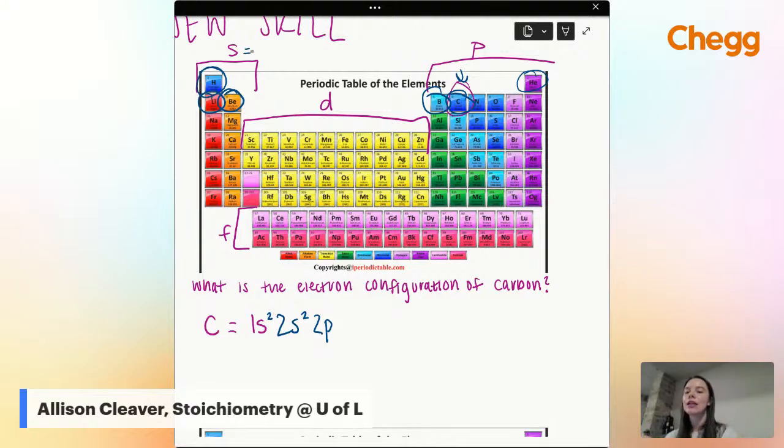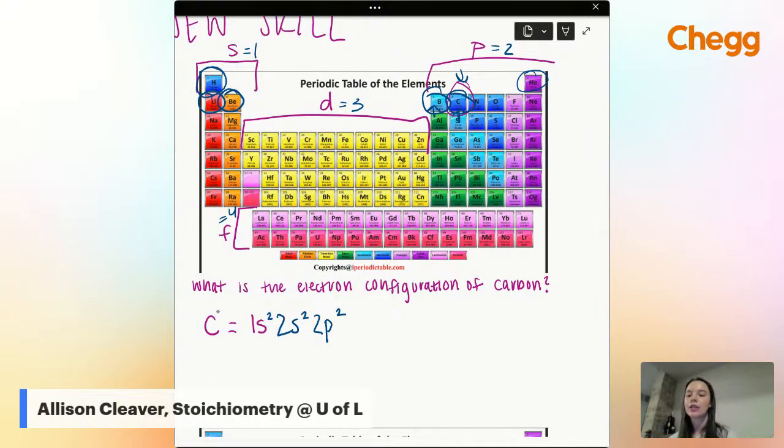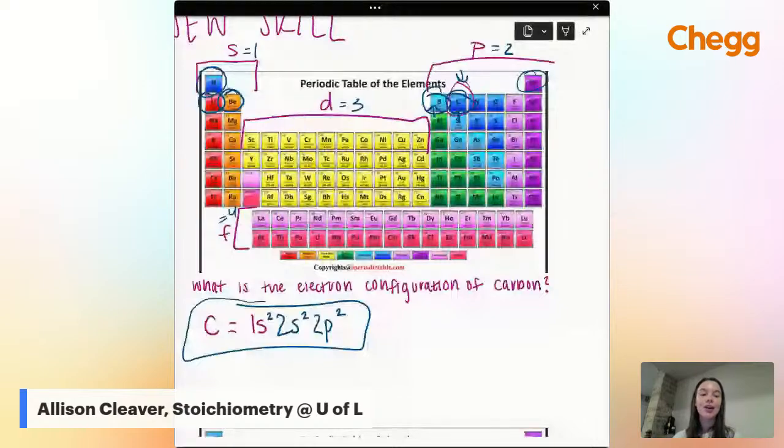S starts at the value 1, P starts at the value 2, D starts at the value 3, and F starts at the value 4. Not confusing at all. It actually is very confusing. I don't know why it doesn't match up with the rows, but anyways, P always starts with 2. So we have 2p. And then since we have 2 elements until we get to carbon, we put 2p2. So that is our electron configuration for carbon.